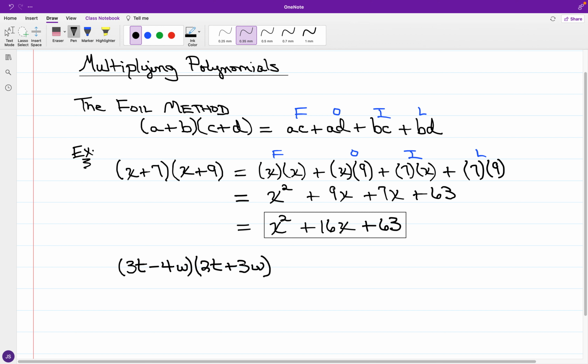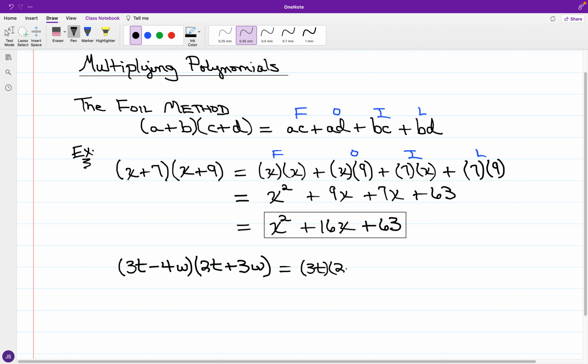I'll say another combination case: we have 3t minus 4w multiplied by 2t plus 3w. In this case, we have two distinct variables, t and w, whereas before we had just the letter x. If I were to take the FOIL out, now if you already see the products ahead of time, that's fine. Again, I'm just going to take this step by step for now.